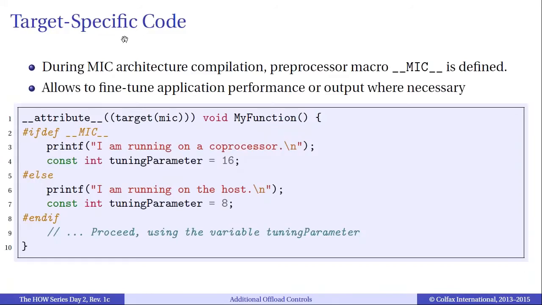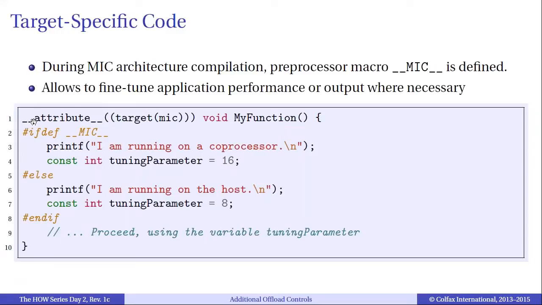One control useful for offload, but also useful for the native programming model, is the preprocessor macro MIC. So it's actually underscore underscore MIC underscore underscore. Preprocessor macro is something that's usually very familiar to C programmers and C++ programmers.